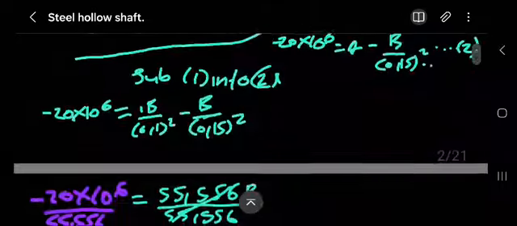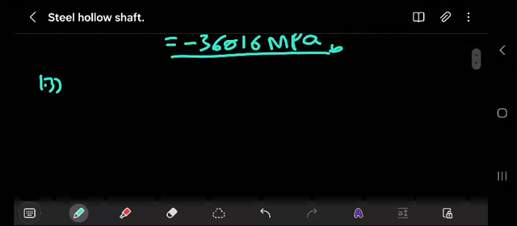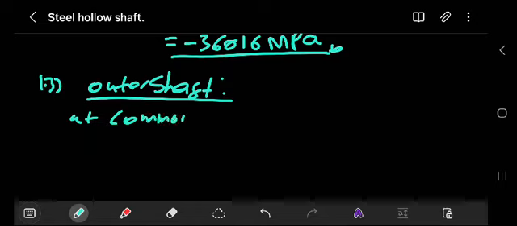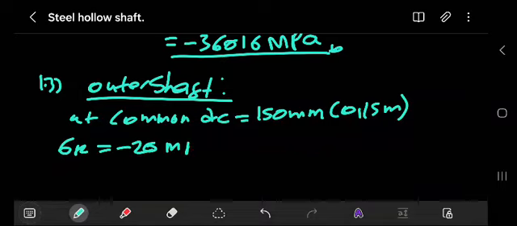At the common diameter, DC, which is 150 millimeter, the same as 0.15 meter, our radial stress there is minus 20 megapascal.